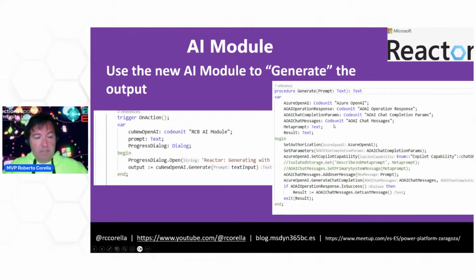And with this code unit, Azure OpenAI, now it is very, very easy to manage our calls to OpenAI. It's not necessary to know about HTTP. It's not necessary to know anything about web services. You only need to say, okay, these are my parameters.